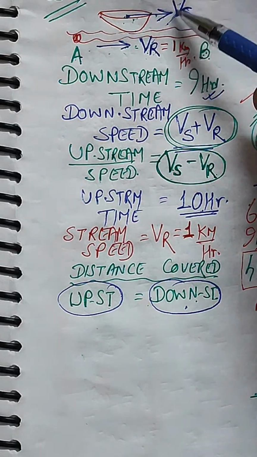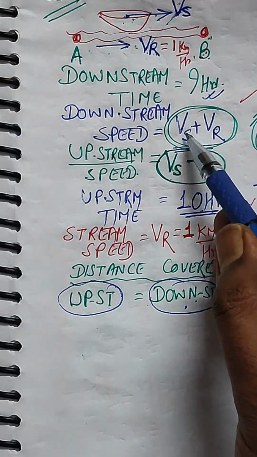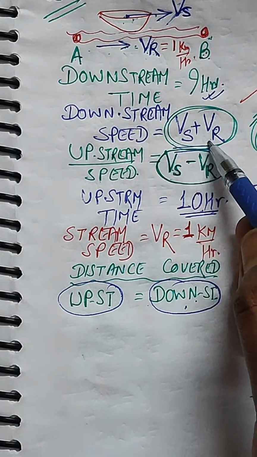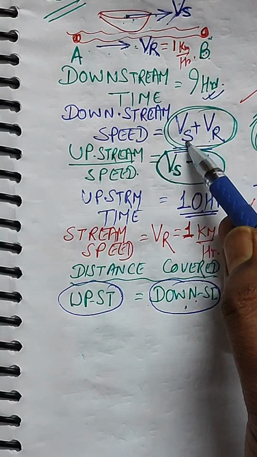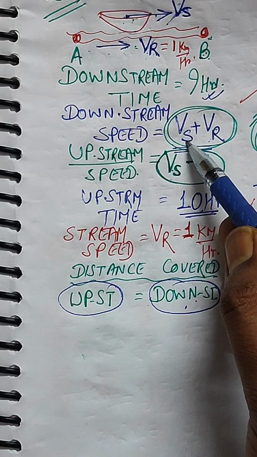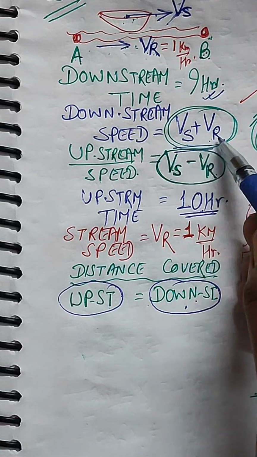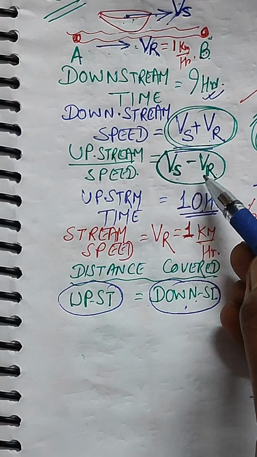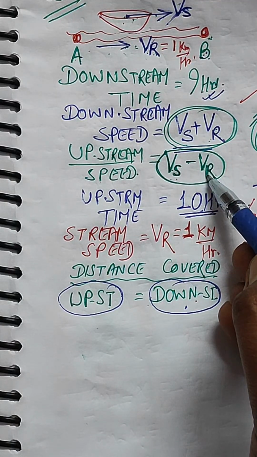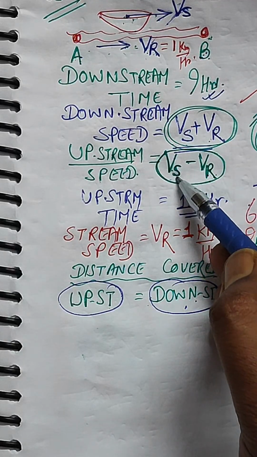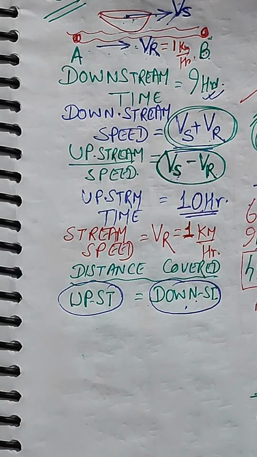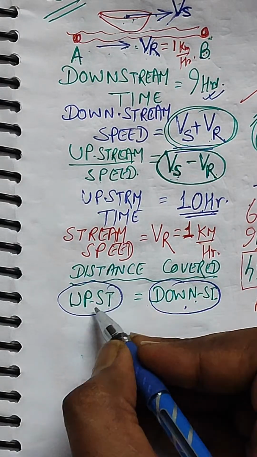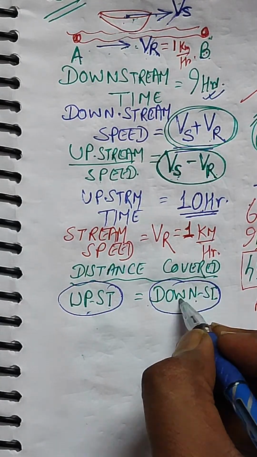When you are going downstream, the velocity of the river and the velocity of the steamer are both added. And when you go upstream, the velocity of the river restricts the flow of the steamer. So that's why the distance upstream is equal to the distance downstream.